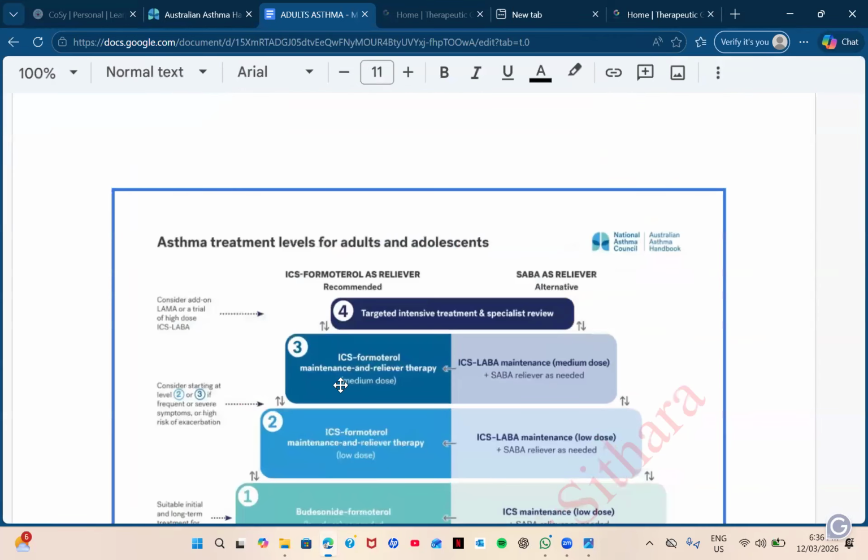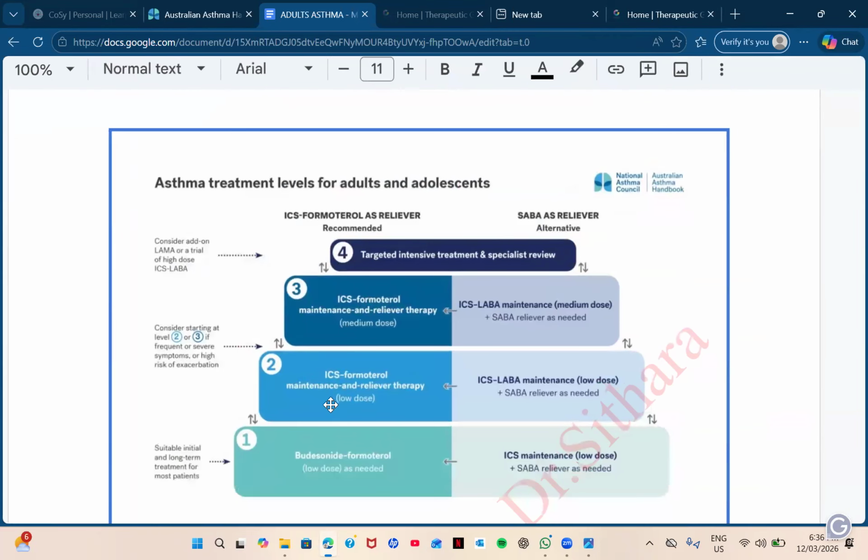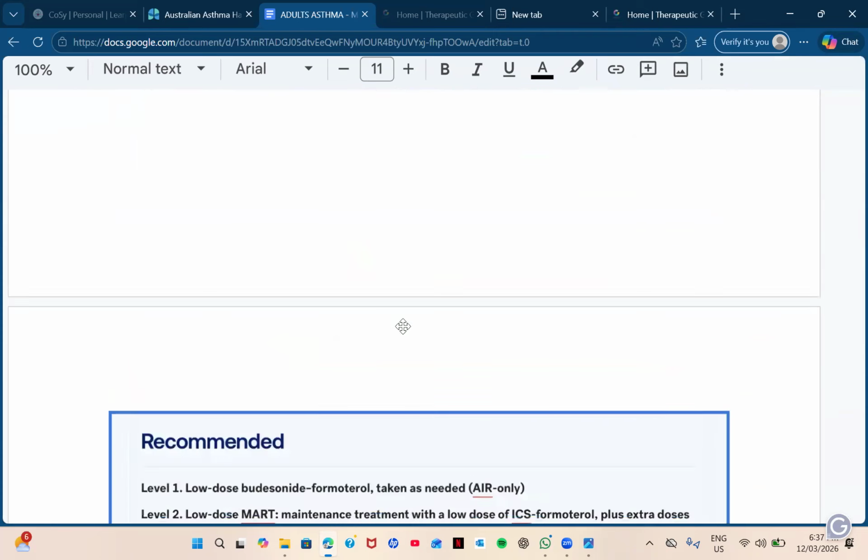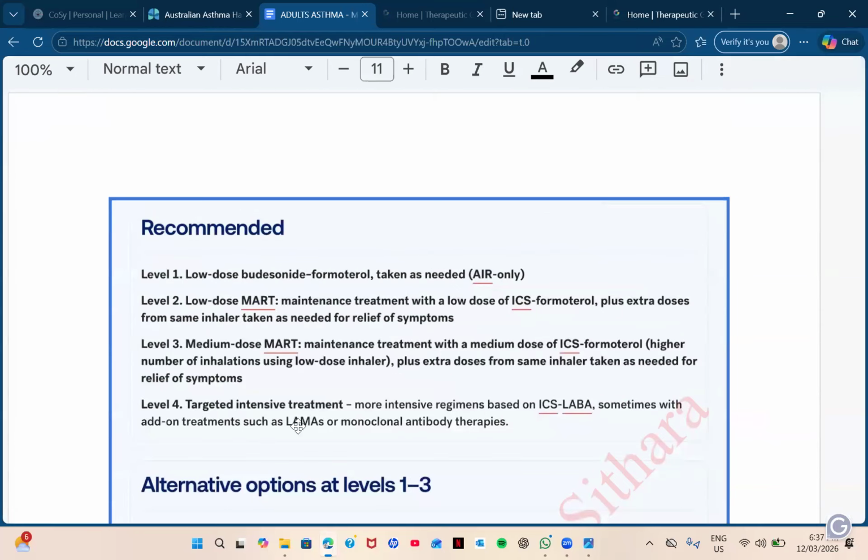Then the third stage, step 3: ICS formoterol maintenance and reliever therapy, but here at medium dose. Why? The patient has more symptoms and more exacerbations, everything is increased. Because of that, we have to use the medium dose as the maintenance treatment.